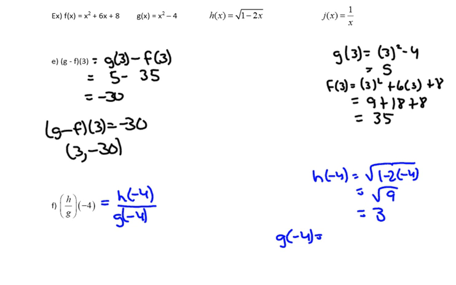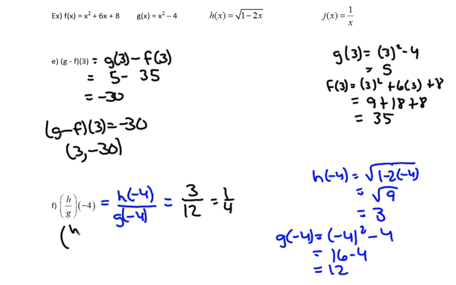Plug in, 16 minus 4, that's 12. So we now know that h of negative 4 is 3, and g of negative 4 is 12, and 3 over 12 is 1/4. So now I could write this as an ordered pair. Again, that's the domain value, negative 4, at the very beginning of this problem, and the range value of 1/4 after I perform the operation, which in this case is to divide the two functions.